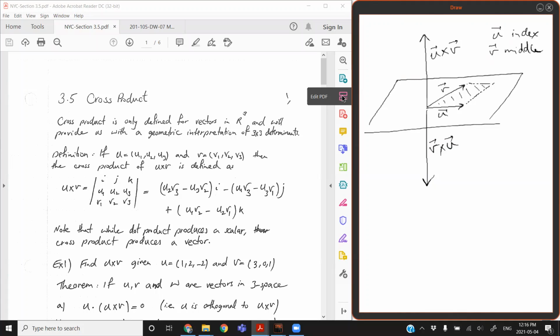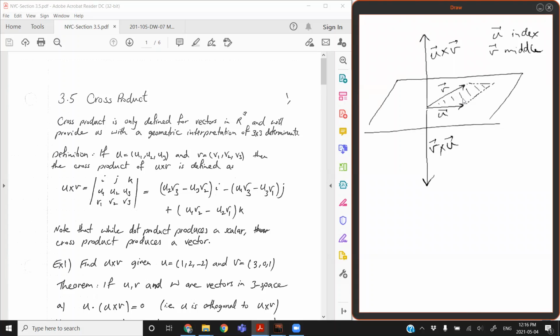So just to give you a recap of what I said, we are going to figure out a method, an operation called cross product, which geometrically will give us a vector that is orthogonal to both u and v. And in terms of magnitude, how long that vector is, it depends on the area of this parallelogram here that is determined by the two vectors u and v.